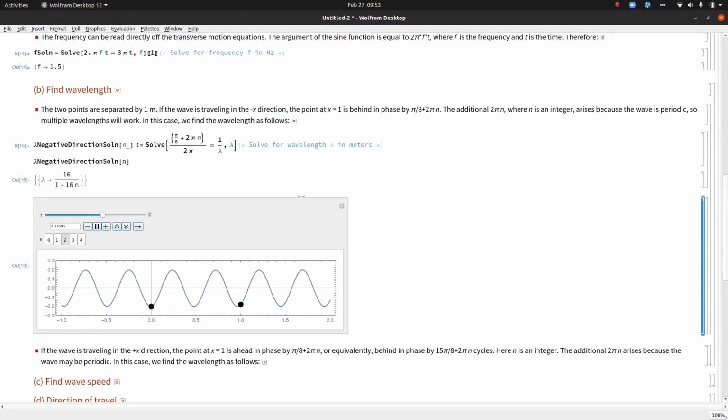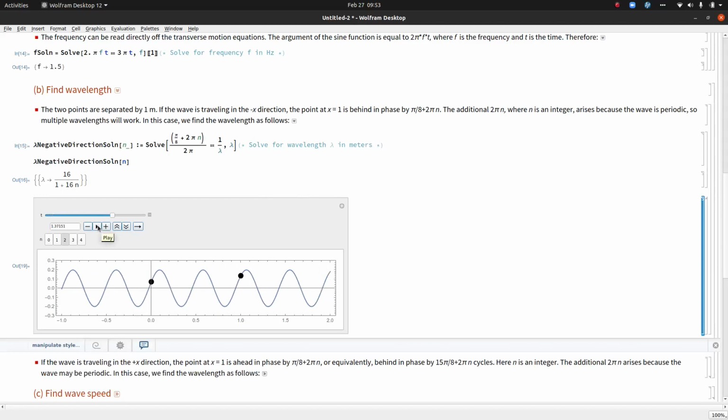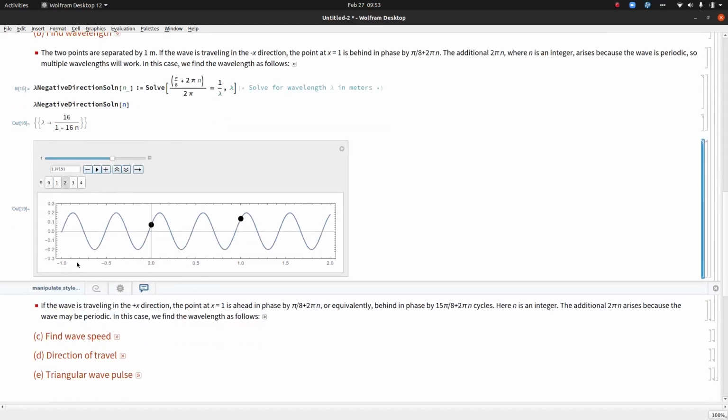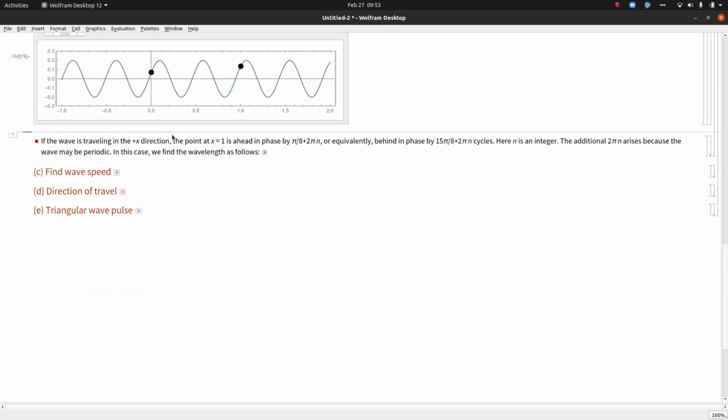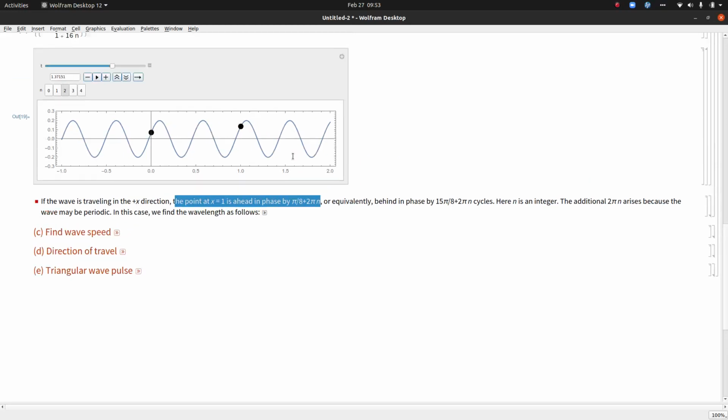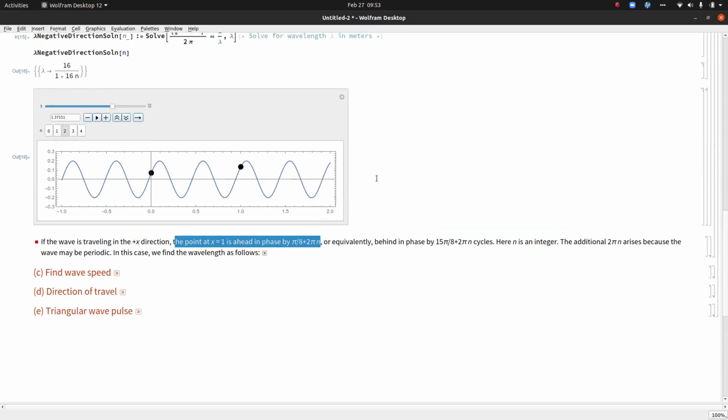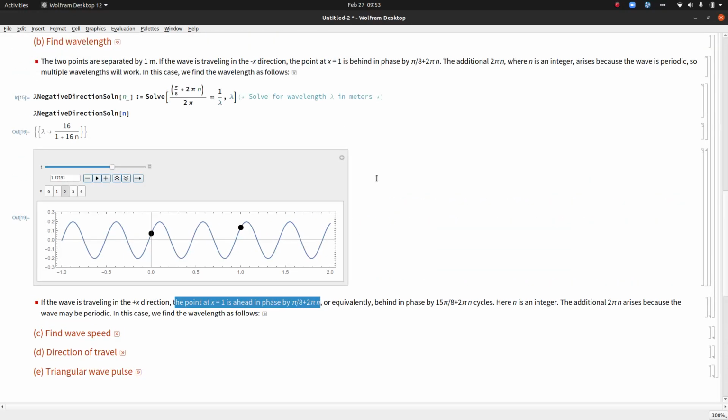That is not the only solution for this wavelength. Because right now you can see that the wave is traveling in the negative x direction. I could also have the wave traveling in the positive x direction. So we're going to look at that case now. If the wave is traveling in the positive x direction, then the point at x equals 1 is going to be ahead in phase by an amount pi over 8 plus 2 pi n.